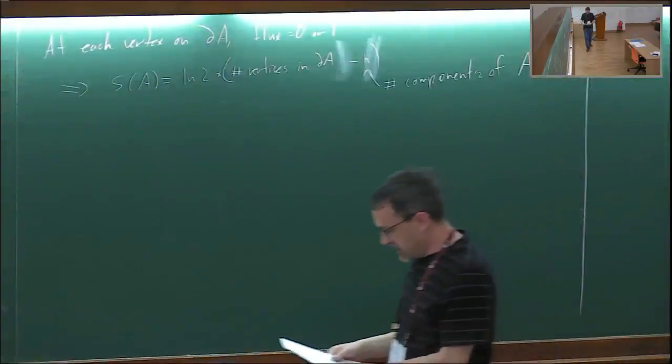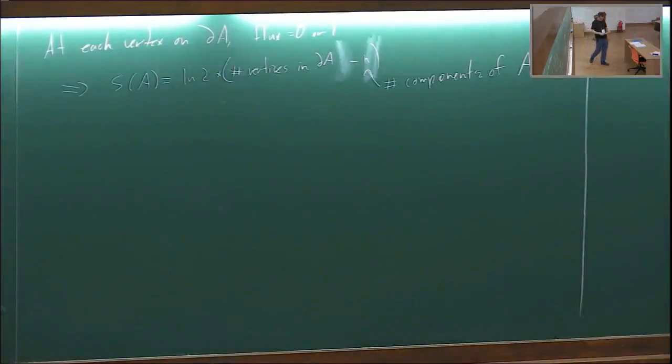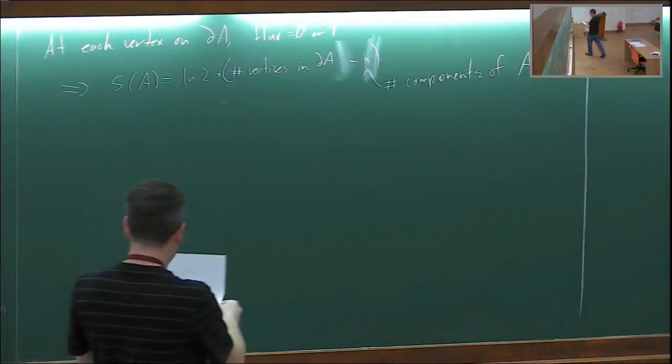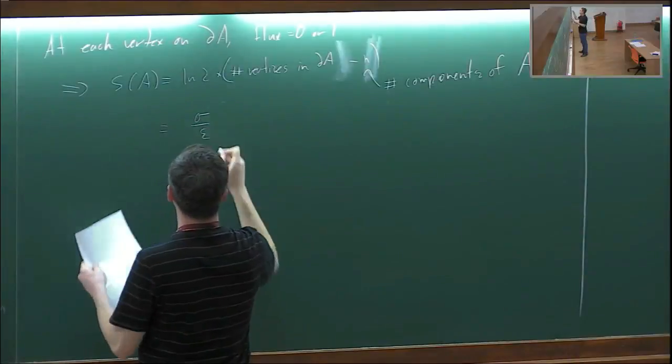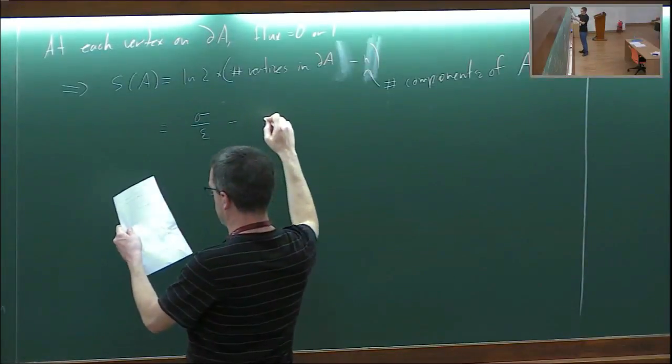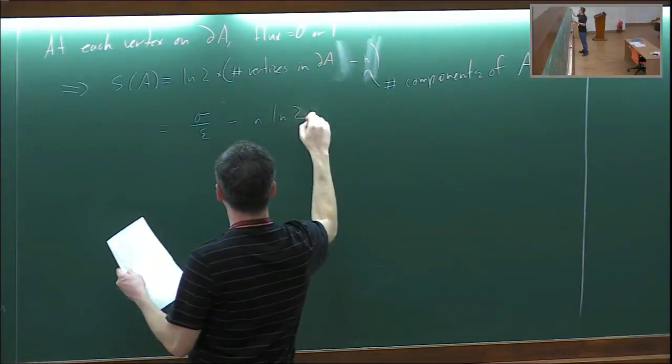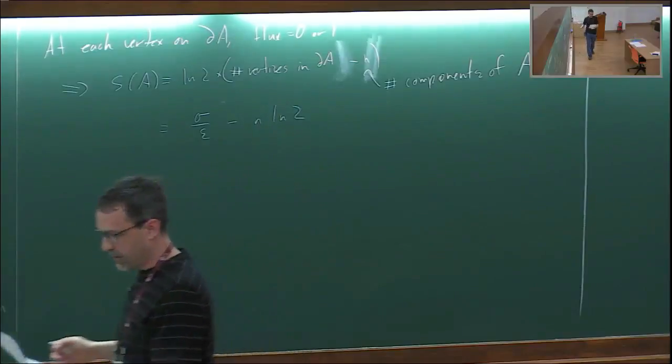And in fact, in general, we can write this as sigma over epsilon minus n log 2. This is the interesting part.